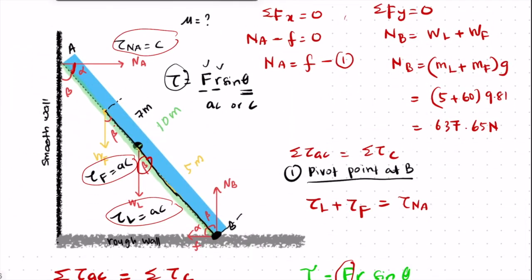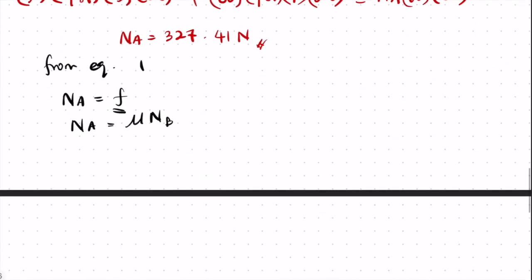Friction is here. Then it experiences normal force B. So NA is equal to mu NB.